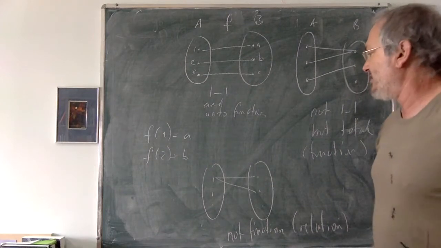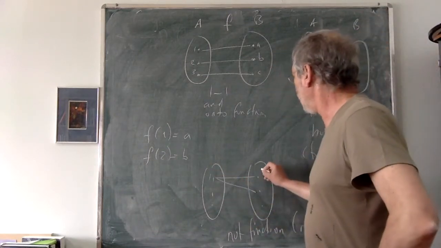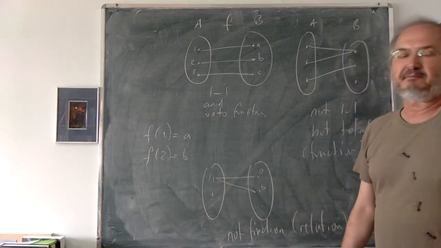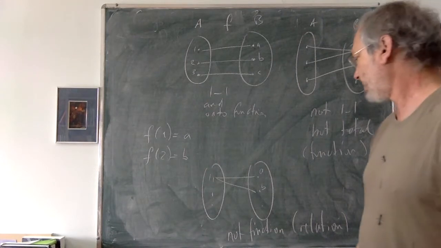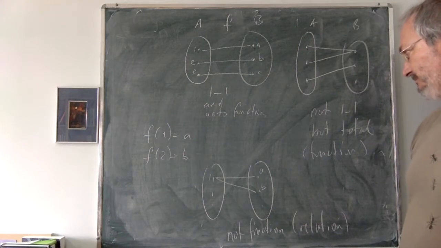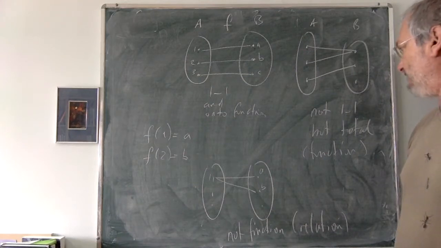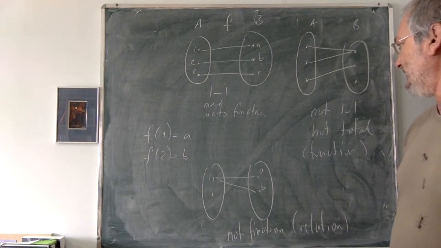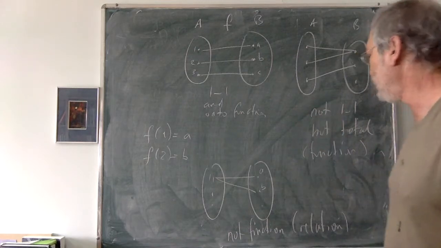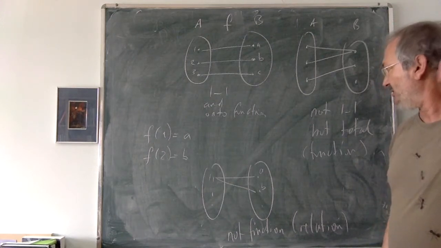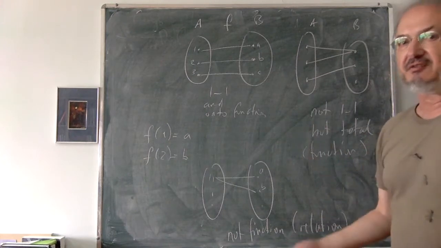You're saying 1 relates to A and 1 also relates to B. I'm trying to think of an example of a relation that is not a function, so I'll talk about this later. But I'm trying to make a distinction between what is a function or what is not a function, and what is a one-to-one function and an onto function.